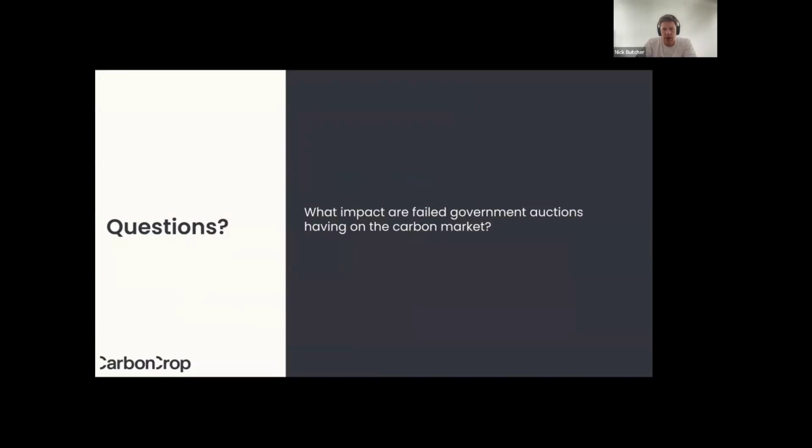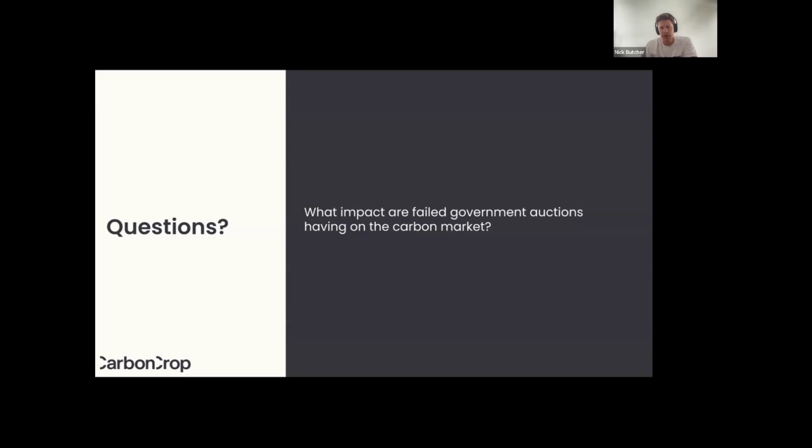I will say that one impact that the auctions are currently having is that they're acting as a ceiling on the price. However, we're also nowhere near that ceiling. So the current price, as I mentioned, is about $45. The auction floor for this year under the current rules is $71.